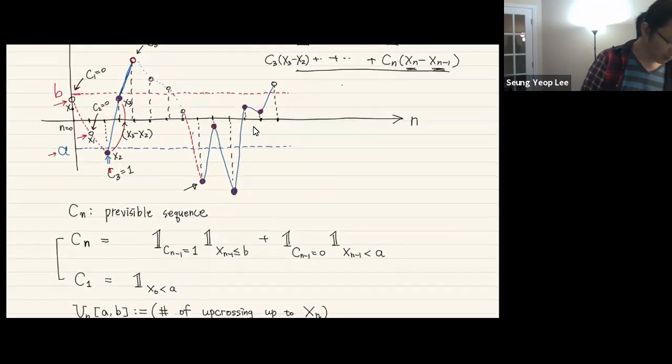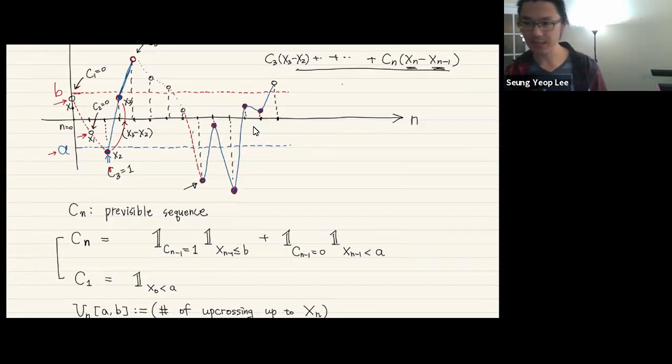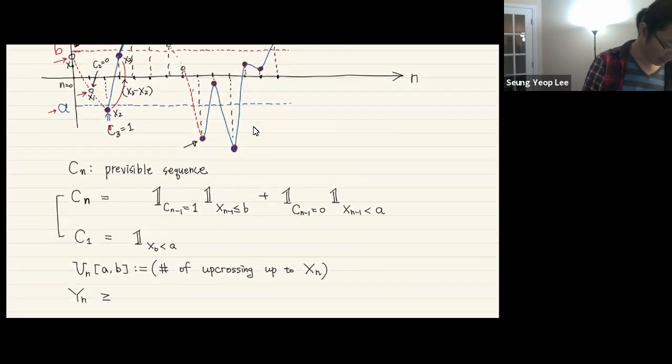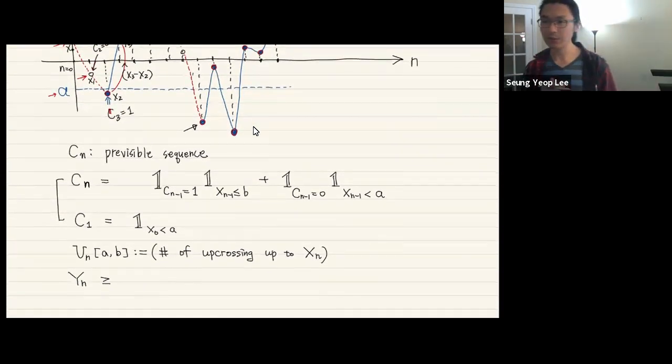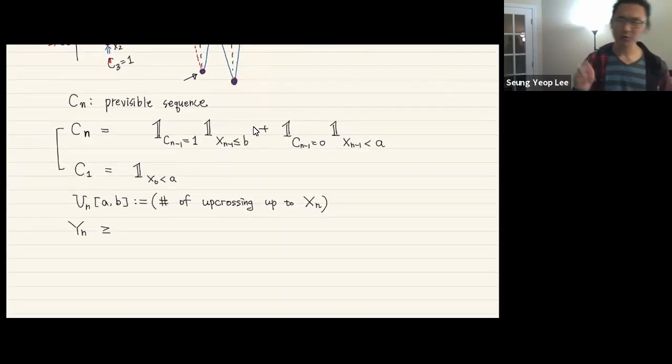In this particular case, I call it an up crossing if I move from A to B. So I see 2 up crossings in this example. And UN is defined to be the number of up crossings up to n. Does it make sense? And we want to estimate how many up crossings can happen on average.